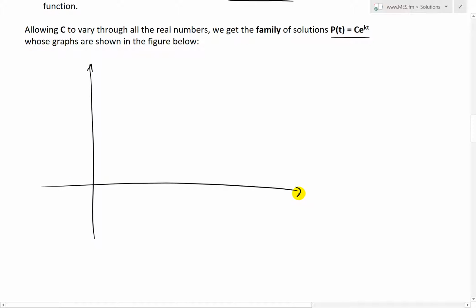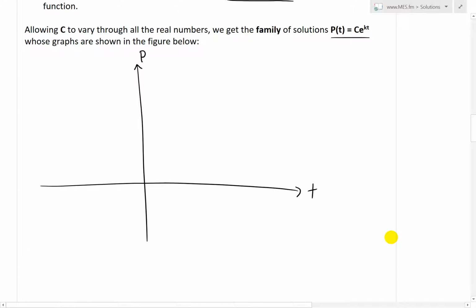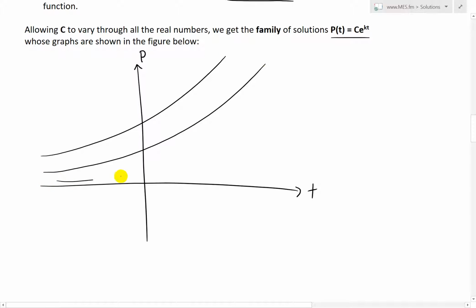I should put the axes more in the center because we have negative values. This is p, the population, and this is time t. It's just an exponential function. If you have a c value like that, it goes up, a high one, a low one, etc. And on the negative side, you're obviously going to get something like this.